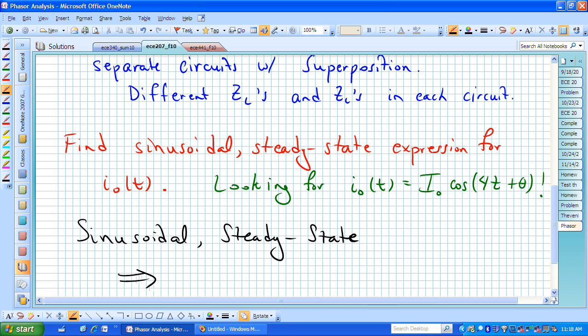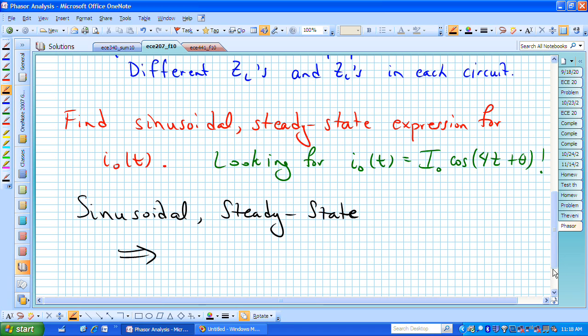Which means that everything in that circuit, all the currents and voltages, will be oscillating at 4 radians per second. They may just be slightly changed in time relative to each other, or there may be a phase shift, and that's what the theta represents.